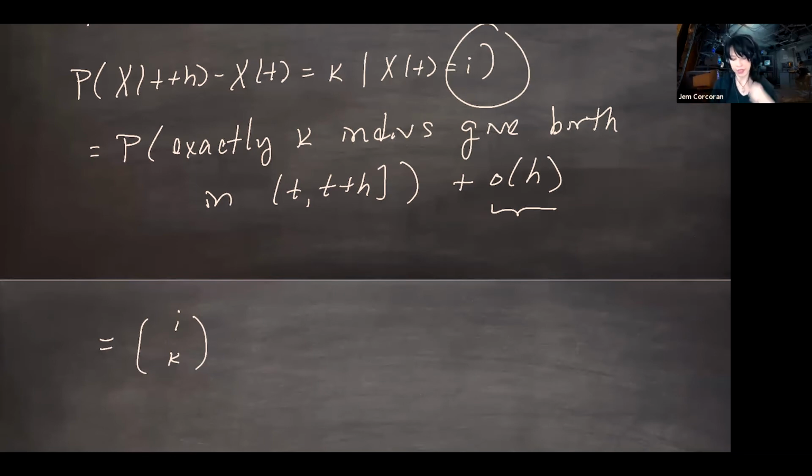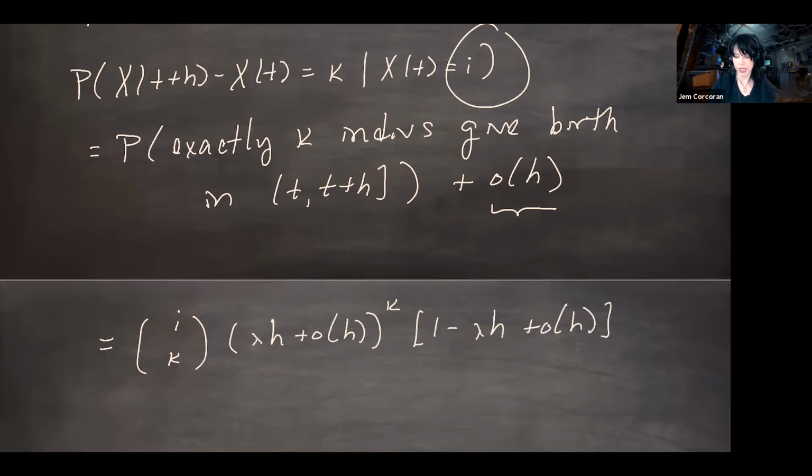The probability any one person gives birth is lambda h plus little o of h, to the kth power, and then 1 minus lambda h plus little o of h to the I minus k, plus the other little o of h, which already takes care of the negligible stuff about multiple births and multi-generational things. But I don't really care about this for a generic k.